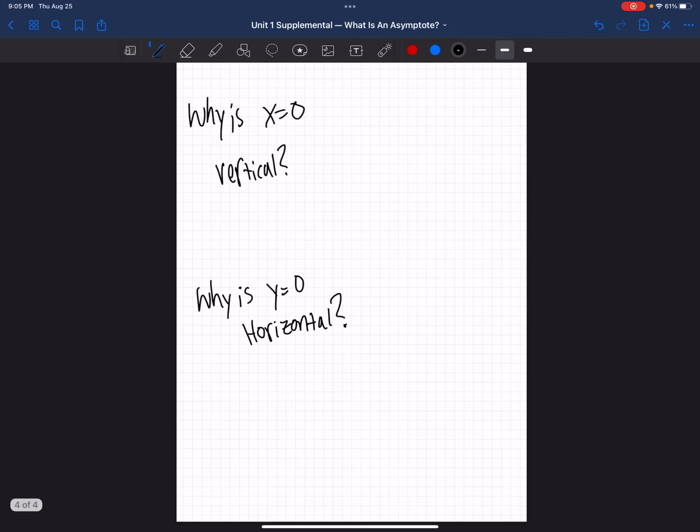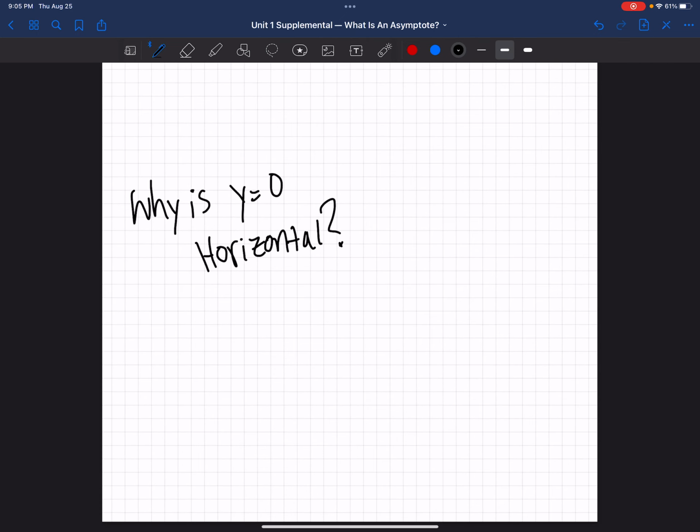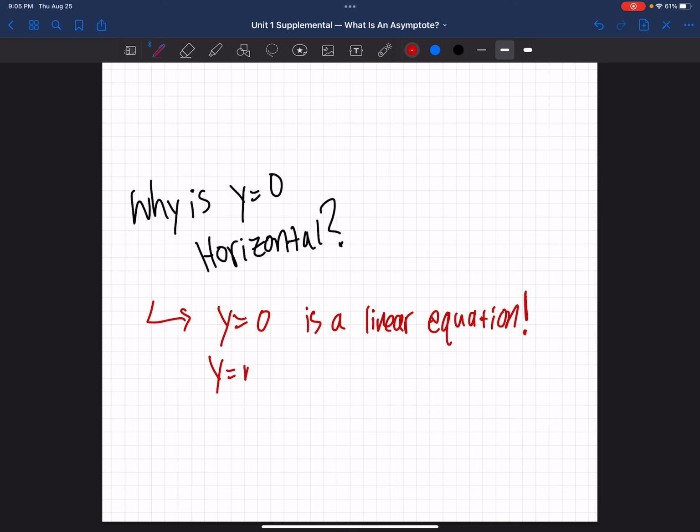Because y equals 0 is a linear equation. It's a line. It's y equals mx plus b, where m and b are 0.